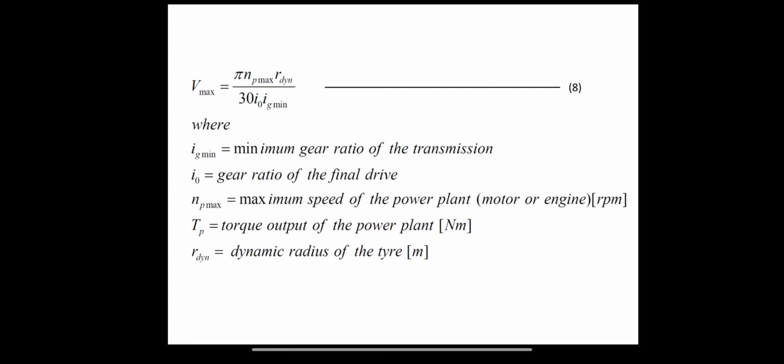This maximum speed is given by V maximum equals pi np maximum R dynamic divided by 30 Io Ig minimum, where Ig minimum is the minimum gear ratio of the transmission, Io is the gear ratio of the final drive, np maximum is the maximum speed of the power plant, motor or engine, in RPM, TP is the torque output of the power plant in Newton meters, and R dynamic is the dynamic radius of the tire in meters.